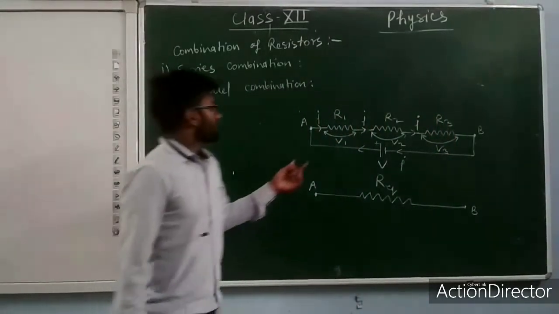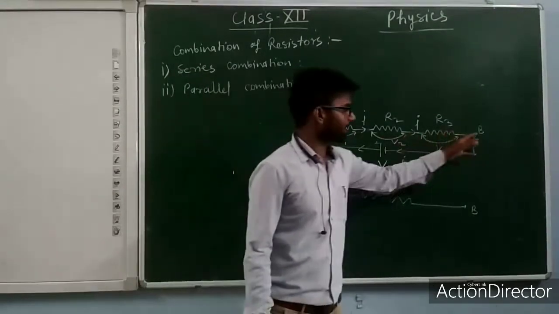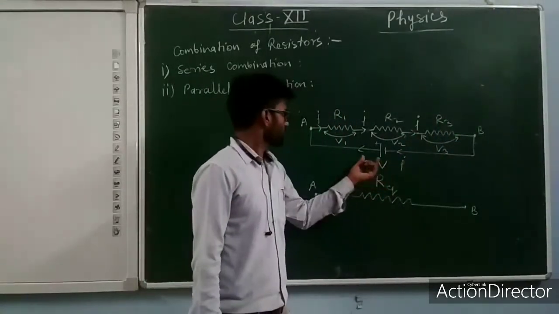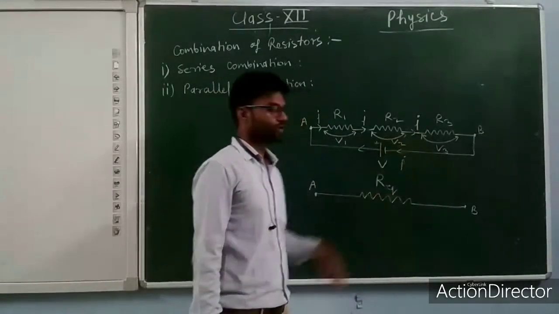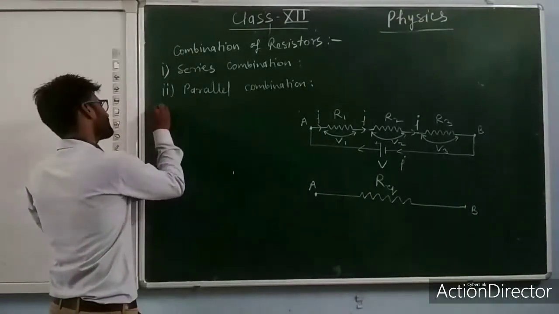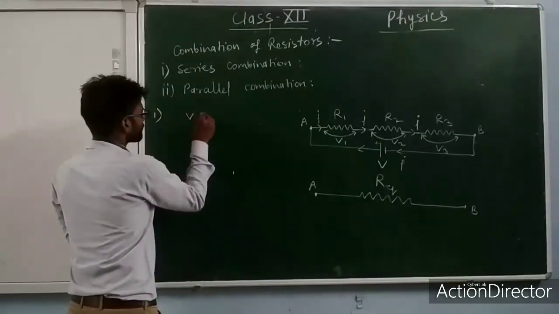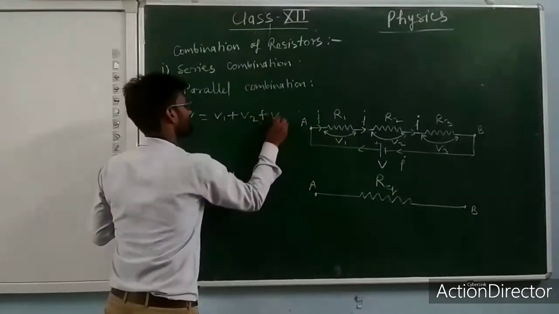Because the net potential drop across the points A and B is V, that will be equal to the summation of individual potential drops. So we can write the governing equation, that is V equal to V1 plus V2 plus V3, right?